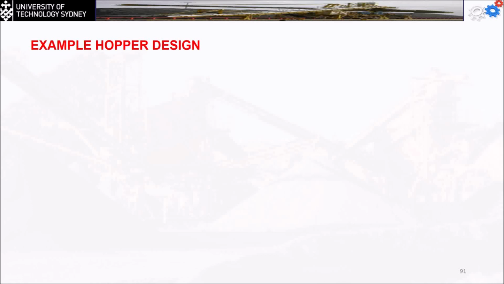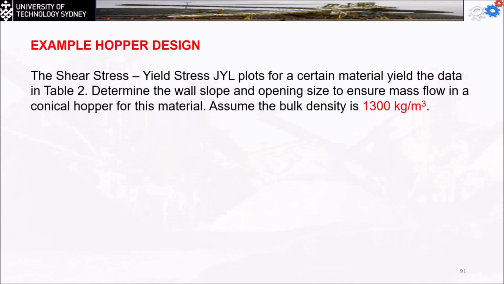So now we are going to learn how to use these charts to find parameters to calculate the minimum diameter of the outlets. We said once again we have to do some measurements and we have to do the calculations. So we're starting with the shear stress. Yield stress JYL is the plot from the certain material yield.